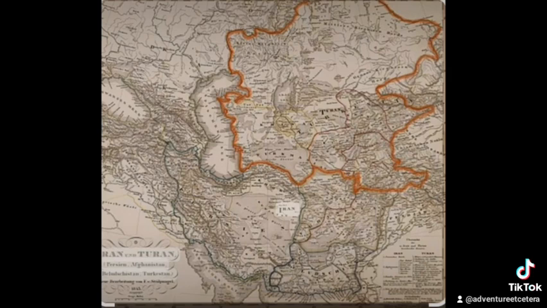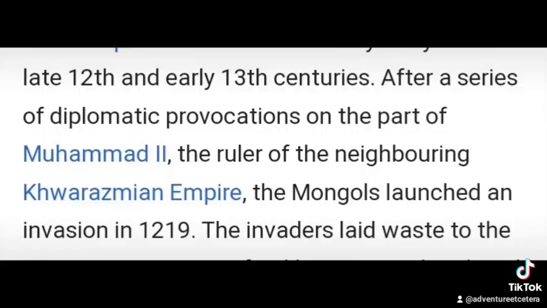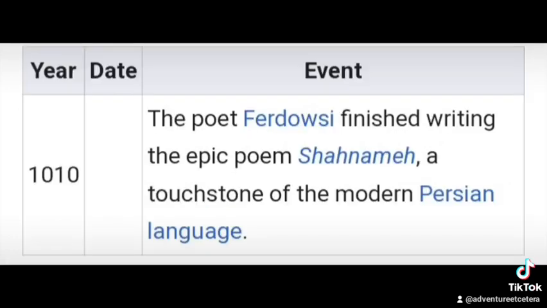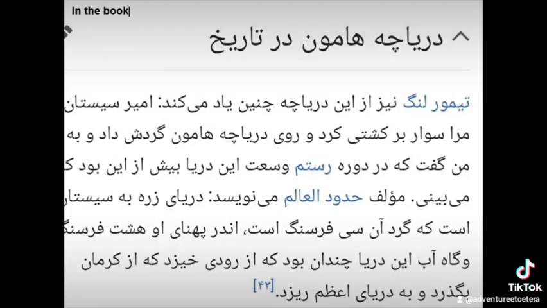In these maps you can see the central Turan, which is close to Mongolia, and Persia, the old Persia. And I believe that you can see why I am saying that this was happening. Ferdowsi finished his writing of Shahnameh about the 10th century.